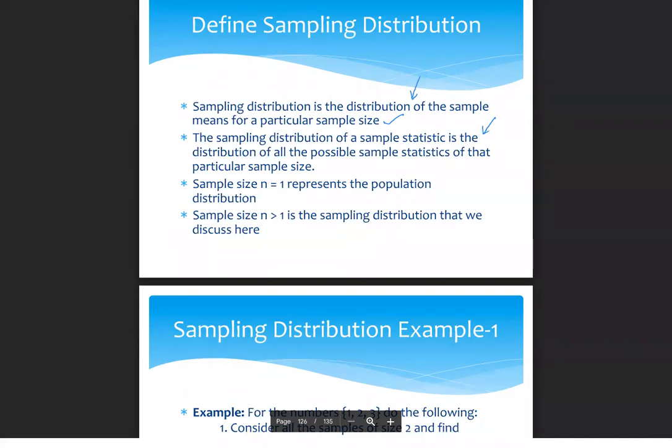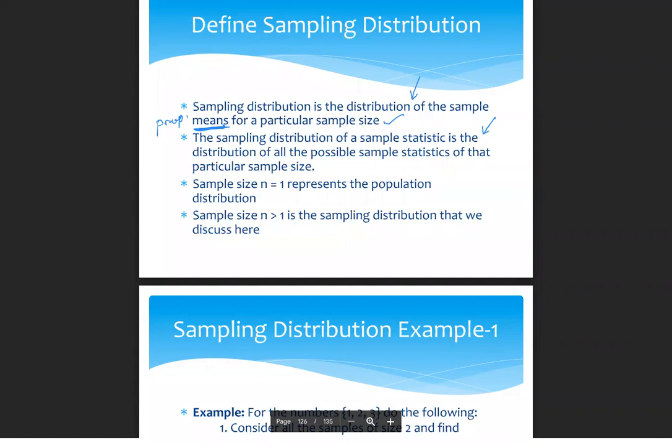Here I said means. The sample mean is a statistic, not statistics. It's a statistic, some property of the sample. This does not necessarily have to be the sample mean. It could actually be a proportion too.